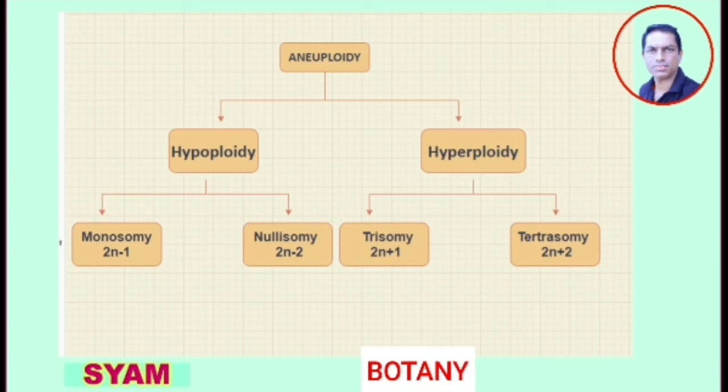Or a gain of an individual chromosome or a pair of chromosomes, and the organism is called hyperploid. A single individual chromosome added to an organism is called trisomy. A pair of chromosomes added to the organism is called tetrasomy. These are all under the category of numerical aberrations of chromosomes.